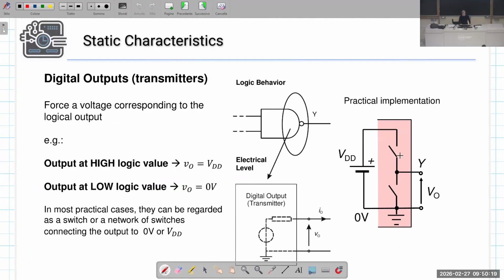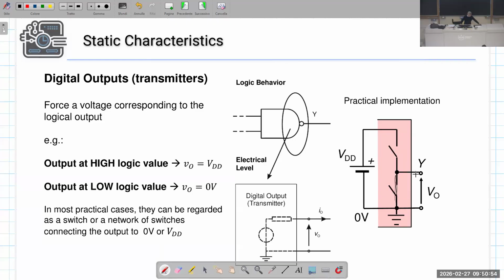Actually, we have typically a couple of switches or a network composed by several switches properly connected with each other, that when the output is to be forced to 1, connect the output to the positive of the battery. When the output is to be forced to 0, the previous switch is turned off, and there is another switch that connects the output of the gate to 0.